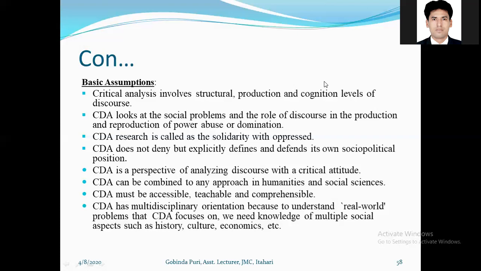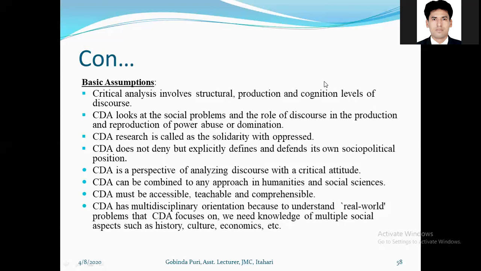So CDA looks at social problems. CDA, by nature, is related to social problems and the role of discourse in the production and reproduction of power abuse or domination. Even if you analyze classroom language, the conversation between teacher and students, you have to see the power abuse.